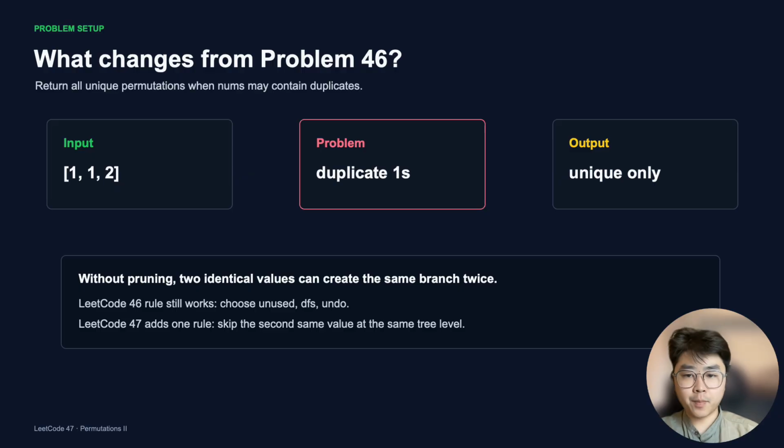So the original backtracking structure remains: choose, explore, and undo. But now we must add a principle of restraint: do not explore a branch whose result has already been represented.